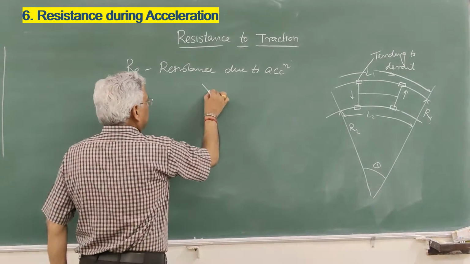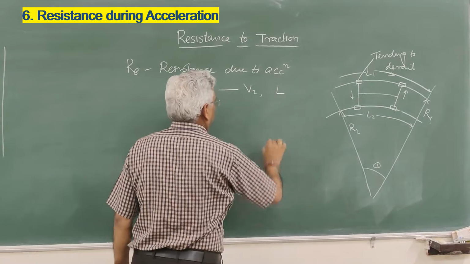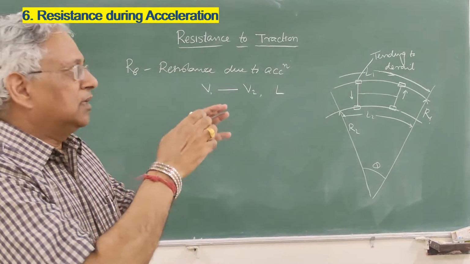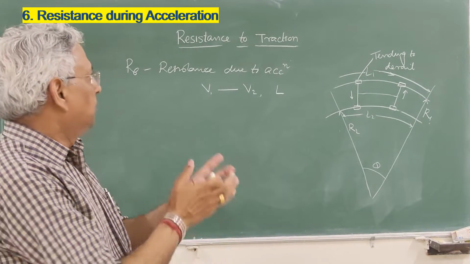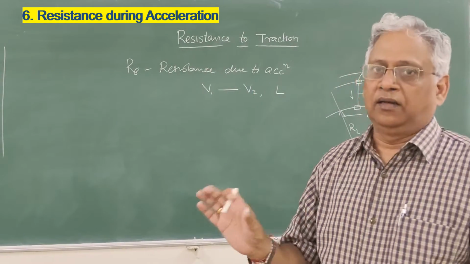When the speed of the train is increased from V1 to V2 in a length L, then you can calculate the amount of force required, power required, by equating the change in kinetic energy equal to the work done.